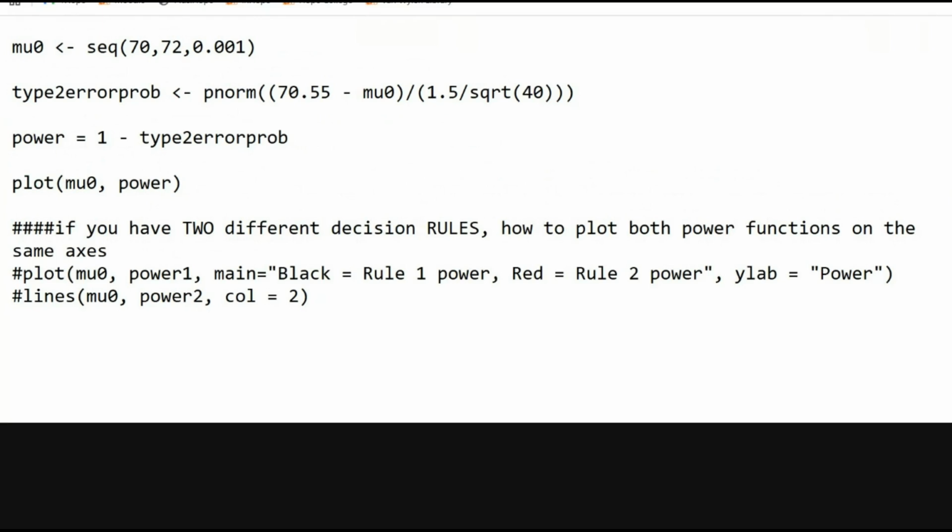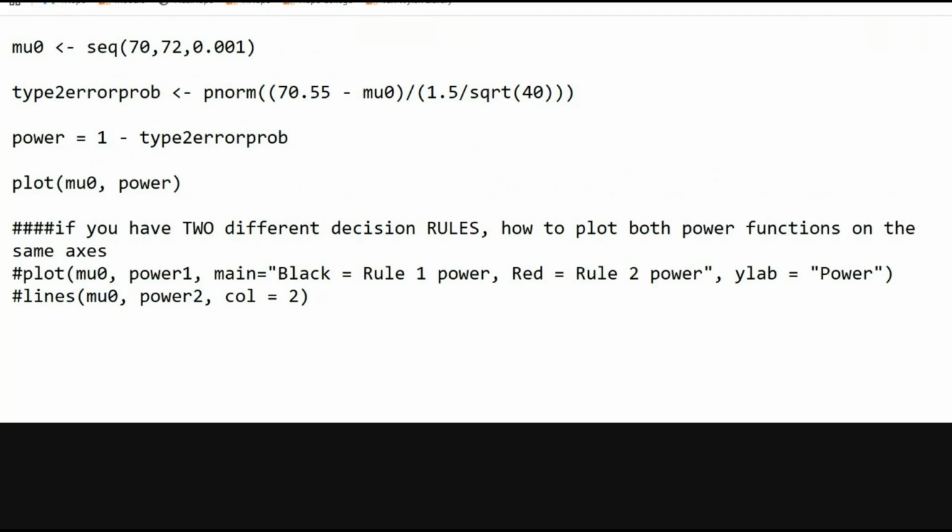That's what we want. And then look at what I've defined. Type 2 error probability is pnorm. What is that? pnorm is the probability of seeing that thing. Now, pnorm by default is a less-than probability.